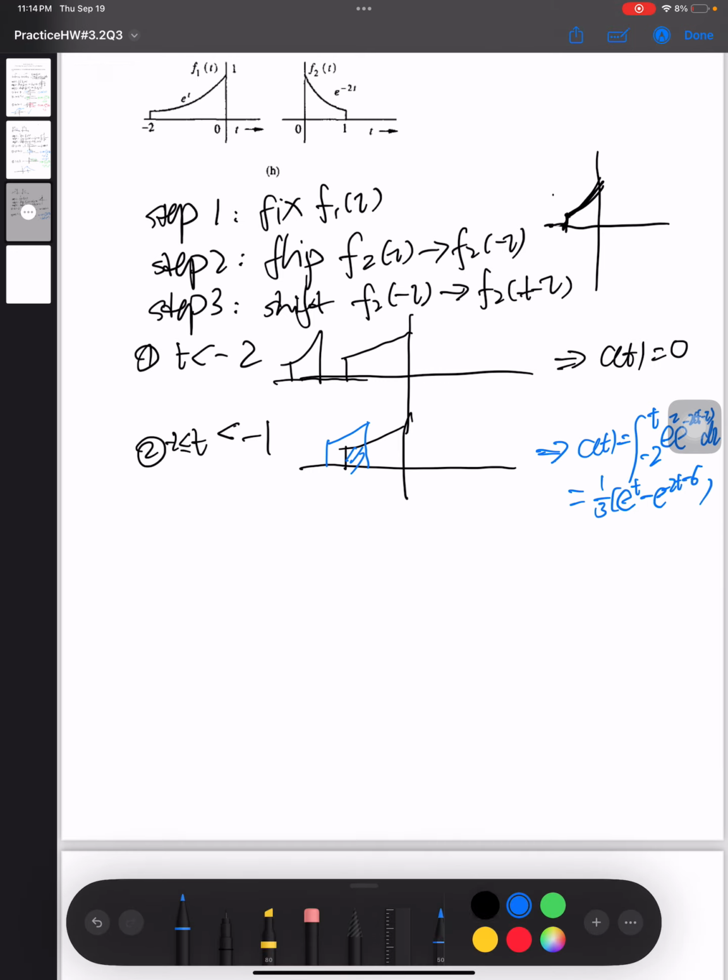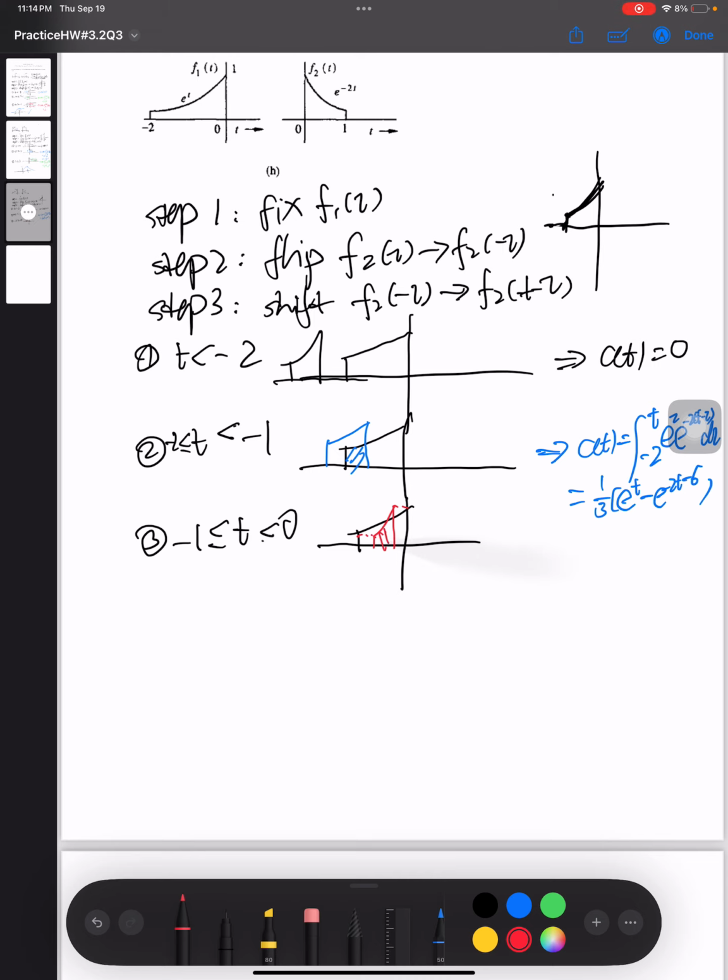And the next situation is t larger than or equal to minus 1 and smaller than 0. The plot is going to look like this.